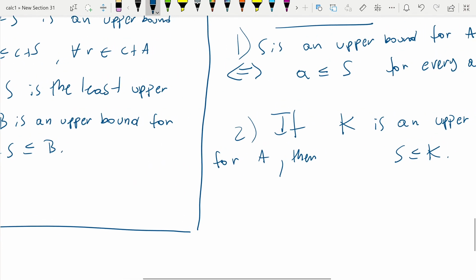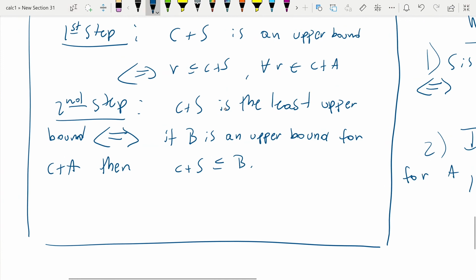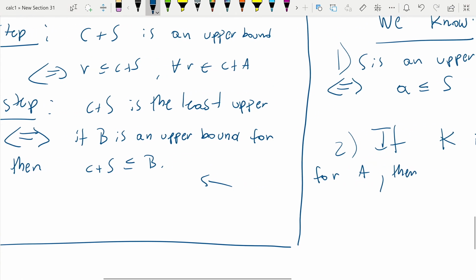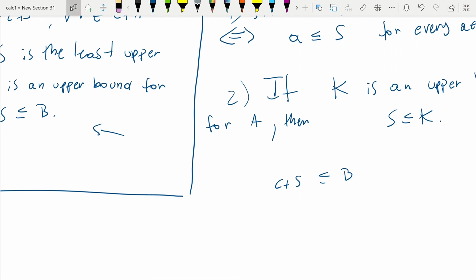So how do we use this information to prove the second part, which is the second step in our proof that C plus S is the least upper bound? If you want to show that C plus S is less than or equal to B, we try to show this: B minus C is greater than or equal to S. So how can we conclude that?